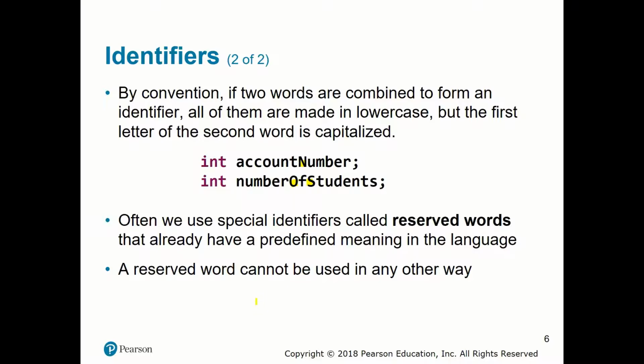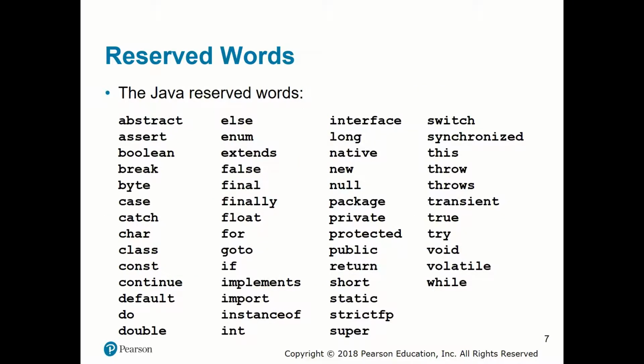Often we use special identifiers called reserved words that already have a predefined meaning in the language. A reserved word cannot be used in any other way. So these are reserved words in Java. For example, I think you have seen public class something, and public static void main.